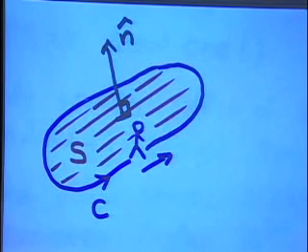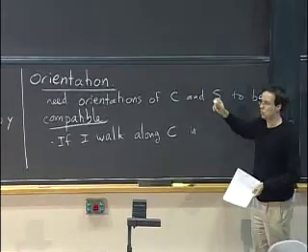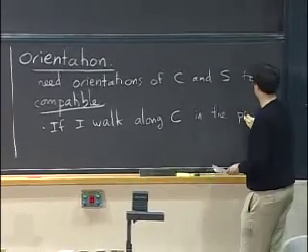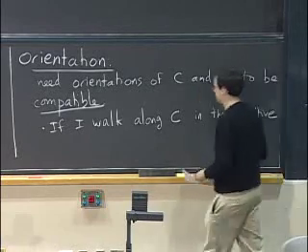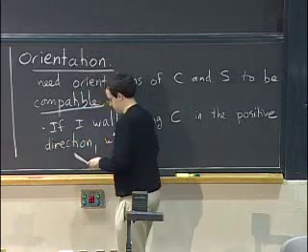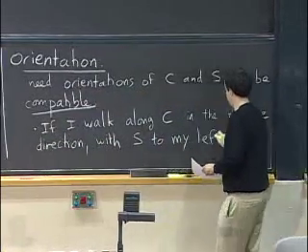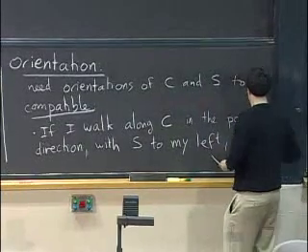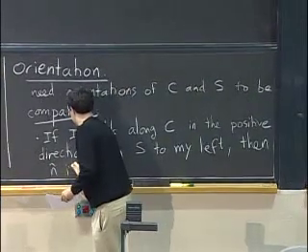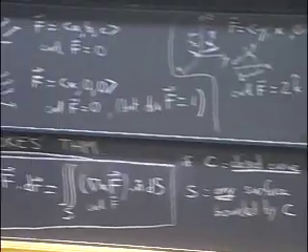Okay, let me write that. If I walk along C, I should say in the positive direction, in the direction that I've chosen to orient C, with S to my left, then N is pointing up for me.